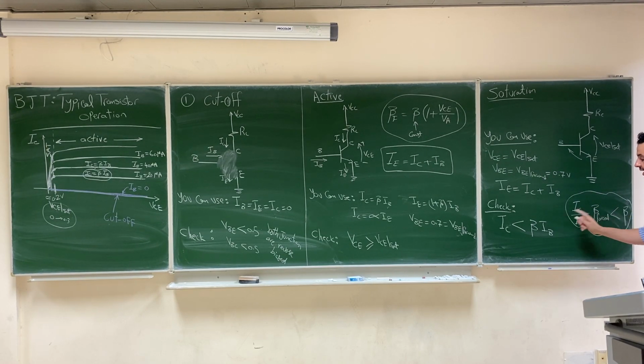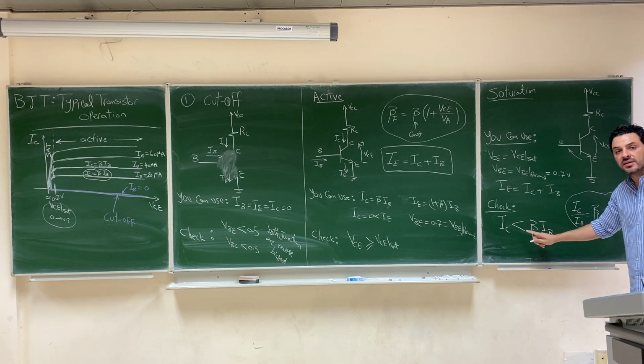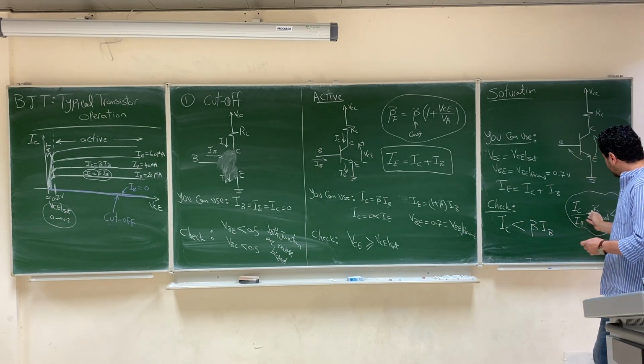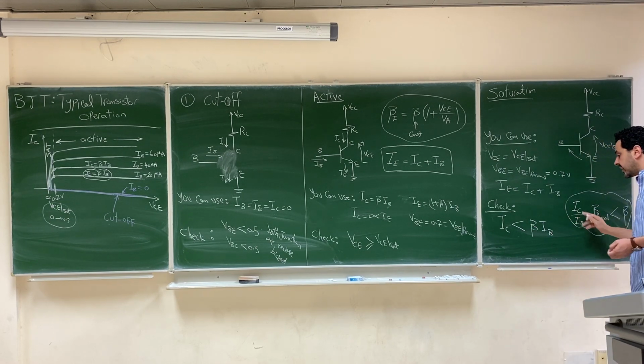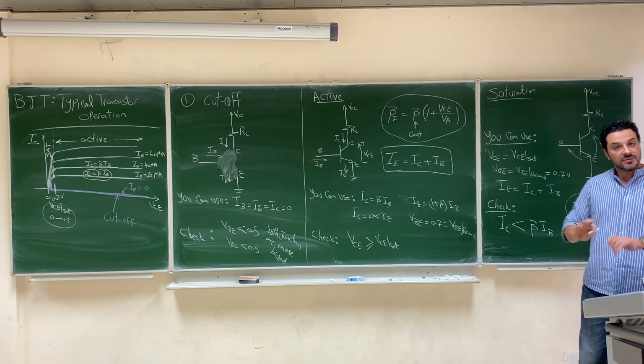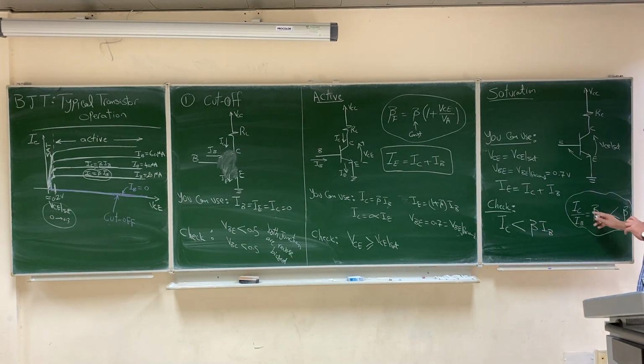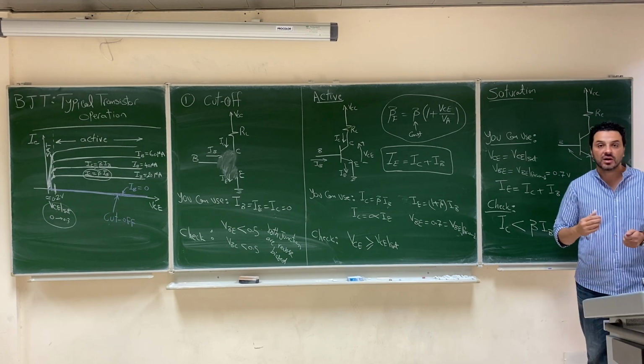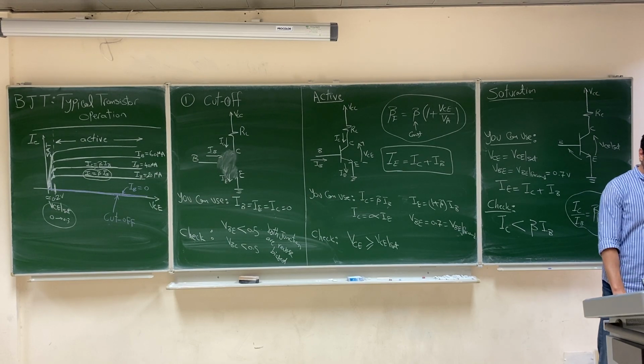Okay, it's exactly the same check. I suggest you just stick to the first check, but this is exactly the same, that you say that the ratio between IC over I base is less than beta. This ratio in the saturation, we call it beta forced. So it's just a matter of naming, okay? But eventually this is the check that you have to do in order to make sure that you are operating in the saturation region.